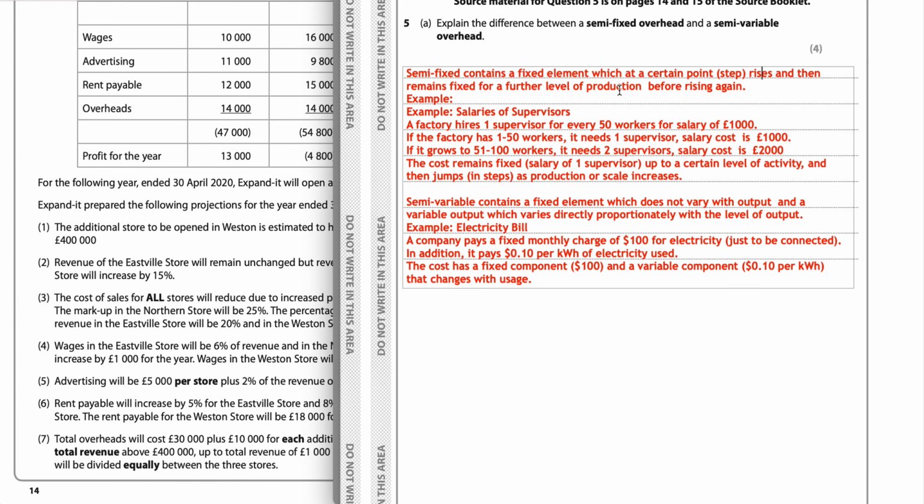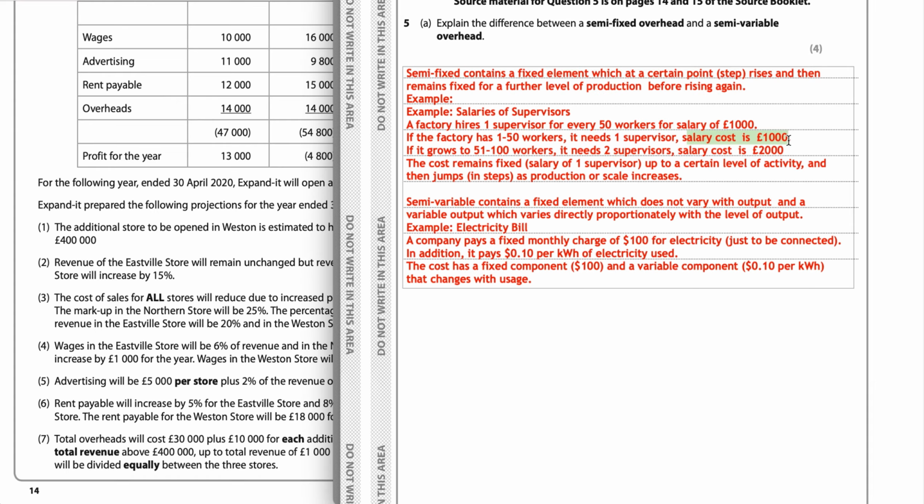For example, let's take the salaries of the supervisor. It's a cost to the company. A factory will hire one supervisor for every 50 workers. Let's assume that the salary cost is £1000. If there are 1 to 50 workers, no matter what, they will need only one supervisor, so the salary cost will always be £1000.